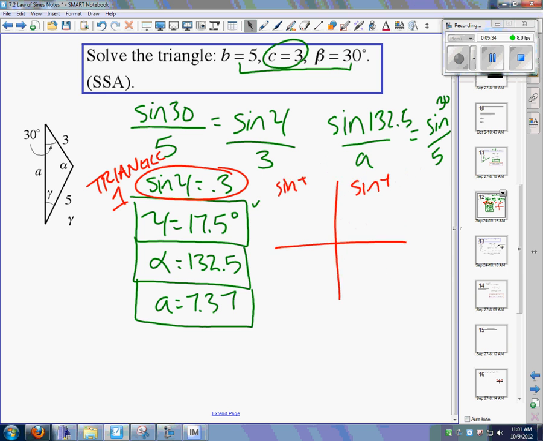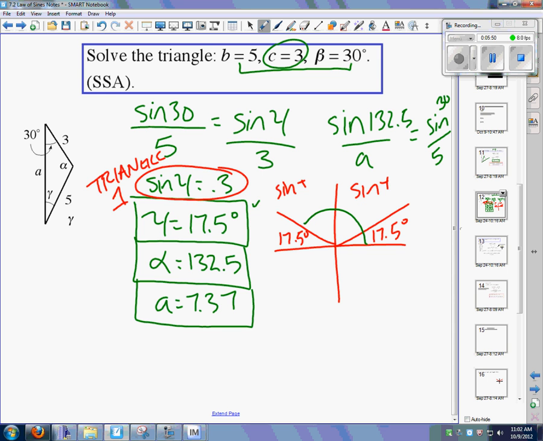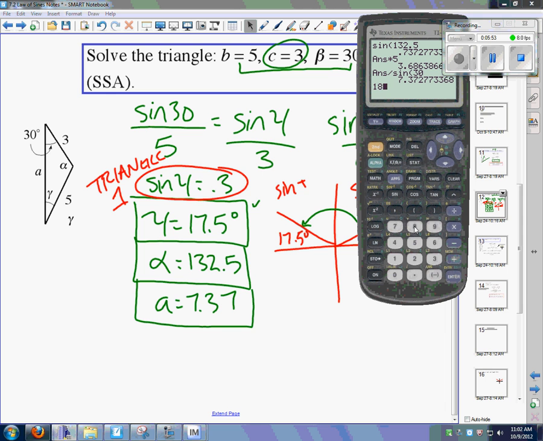When we inverse this for lambda, we said that the sine has a value of 0.3 at 17.5 degrees. So that should also mean it's the exact same thing over here with the reference angle of 17.5. But in order to get there, that's going to be 180 minus the 17.5.